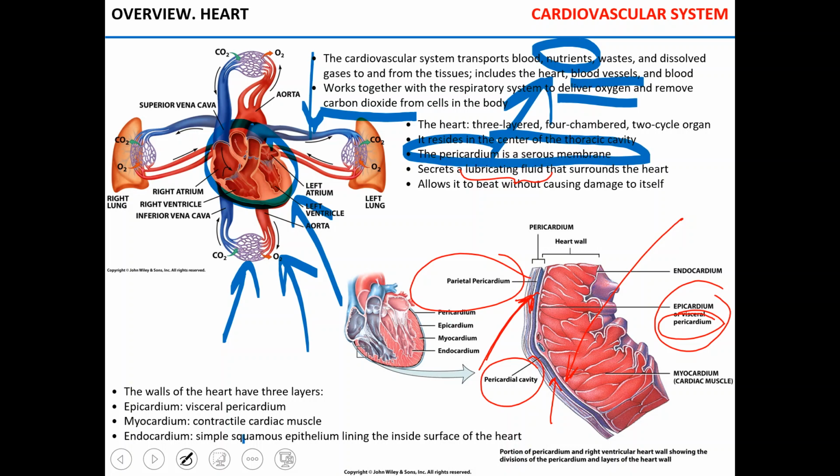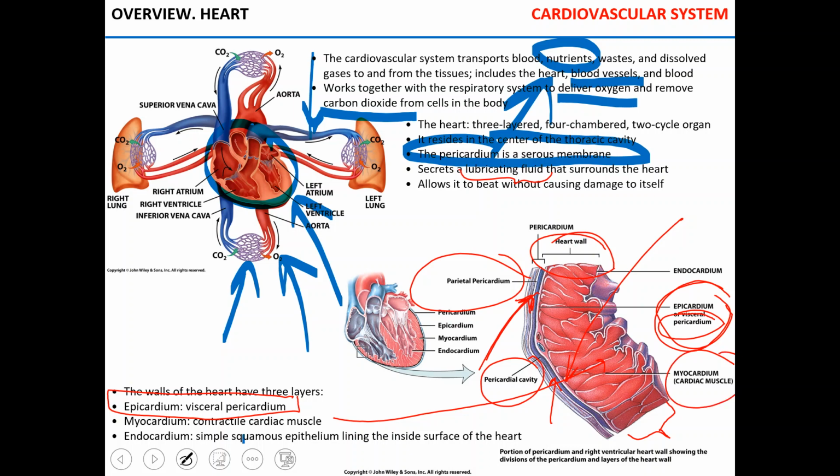The wall of the heart has 3 layers. The outermost layer is called epicardium, and it is essentially the same as the visceral pericardium. Myocardium is the thick layer of muscle shown here. Okay, so this muscle layer is myocardium.